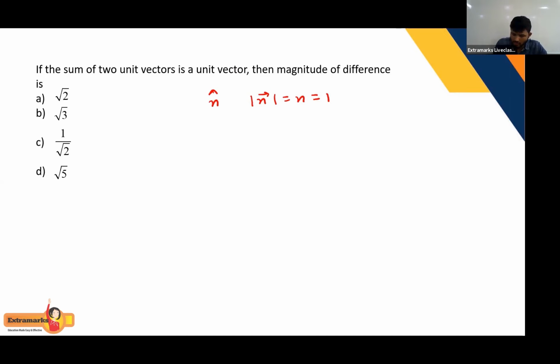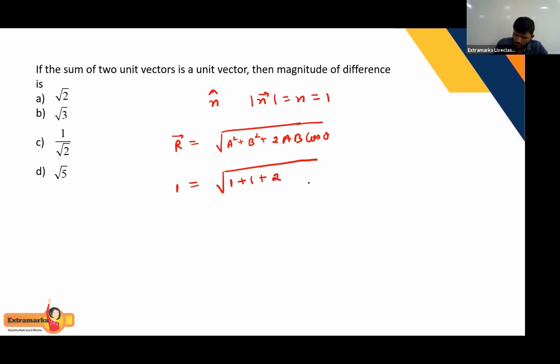So first of all, I want to find the angle between them, because you know that resultant can be written as under root a square plus b square plus 2ab cos theta. Now they are telling it is a unit vector, so resultant is equal to 1, and this is 1 plus 1 plus 2 cos theta. We get 1 equals 2 plus 2 cos theta, so cos theta is minus 1 by 2. Again, we are getting theta to be 120 degrees.